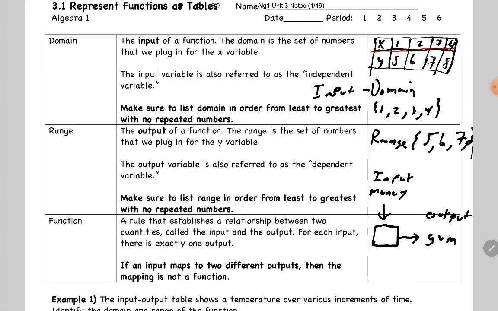Or you could think of a vending machine. If I push in A1, that gives me whatever is in A1. Maybe it's pretzels. A2 would be like Cheetos.